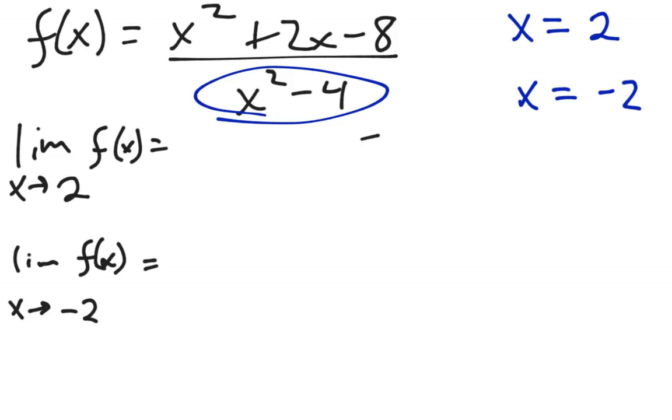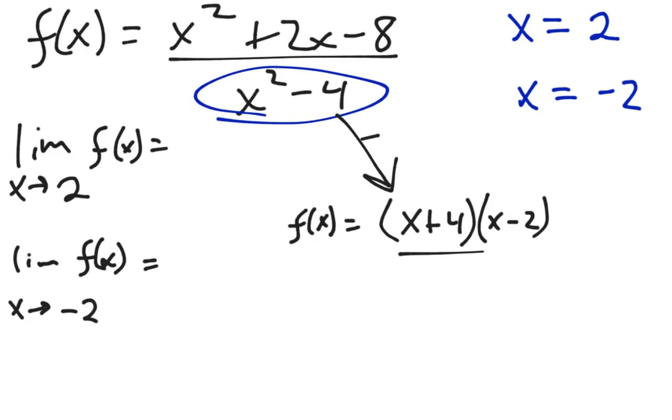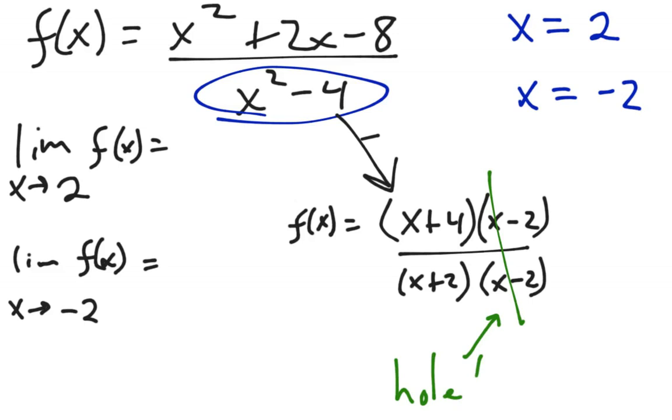Let's try factoring this down here. f of x equals, that top is going to factor into x plus 4 times x minus 2, and the bottom is going to factor into x plus 2, x minus 2. That's a difference of squares, and notice, those two things cancel, right? And now because these two things cancel, this is a hole. We have a hole at x equals 2.